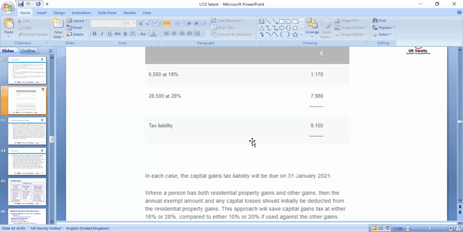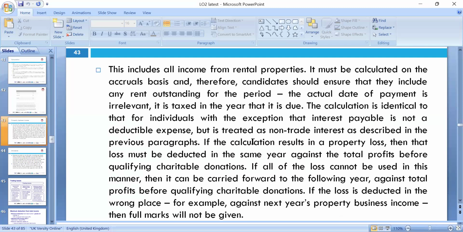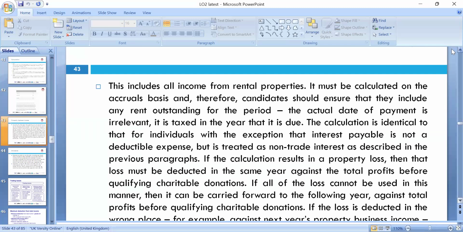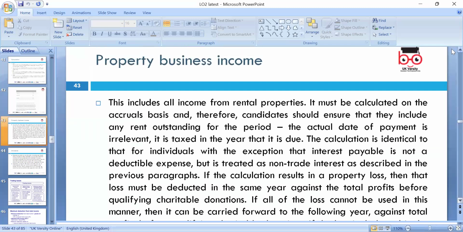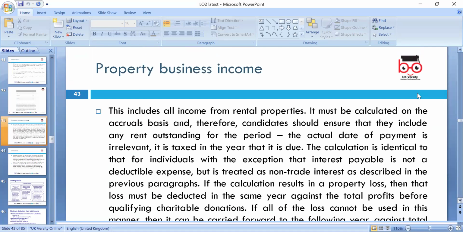So accordingly, property income includes all the rental property income, which must be calculated on the accrual basis. Accrual basis means we do not go by when you receive the cash, but income and expenditure should be recorded in the accrual accounting.